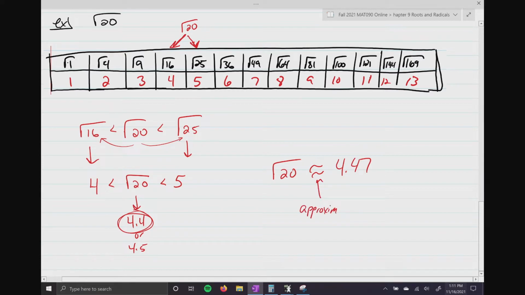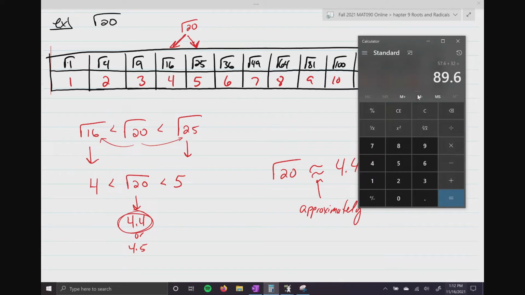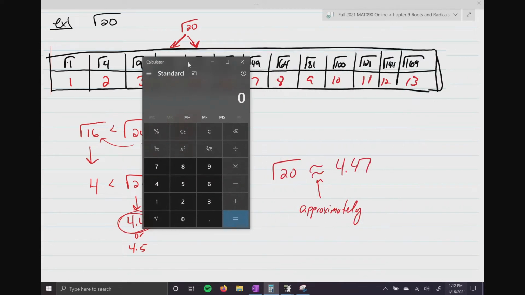Now, if you have an older style calculator, one that's not as fancy as mine, and it's the worst calculator ever created, which is your cell phone calculator, you may get lucky, and there may be a square root button on the calculator. So if I'm using my computer calculator, it's right here.